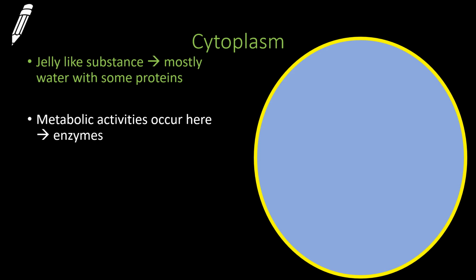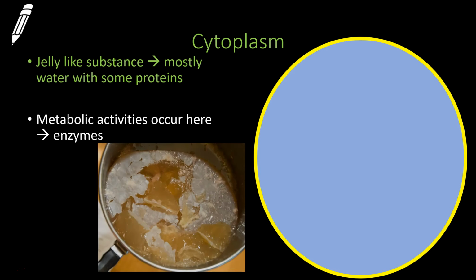Why does this have a jelly-like substance? Well, if you have ever had a leftover roast and you put it in the fridge, and then the next day you see this jelly-like substance, that's actually not fat. A lot of people think that it's all fat. Actually, that's basically proteins mixed with water, because as you cook the meat, you're releasing proteins, and some water gets released, and that coagulates and makes this jelly-like substance.